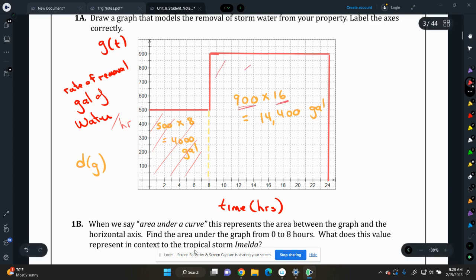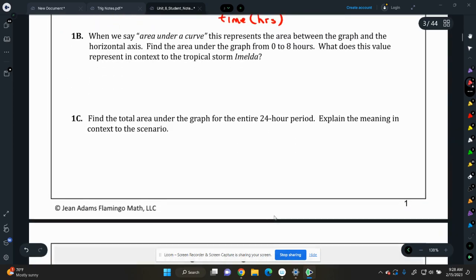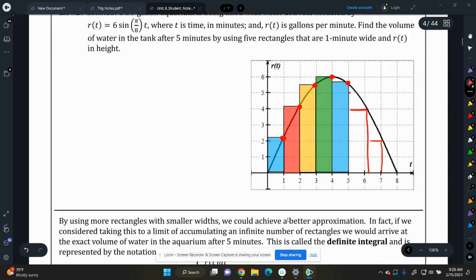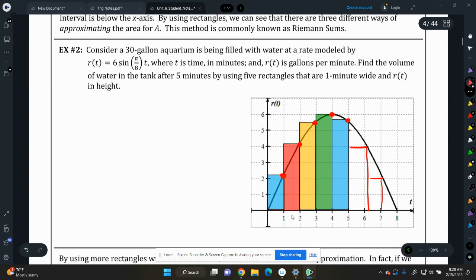Well, gee whiz, that's the area. If the graph represents the rate, so if the graph represents the derivative, then the area under it is going to represent the total amount. So this graph is a graph of R of t, which is the rate at which the water is filling the tank, the aquarium. I want to know how much is in there.